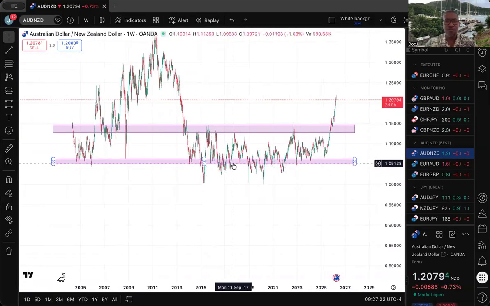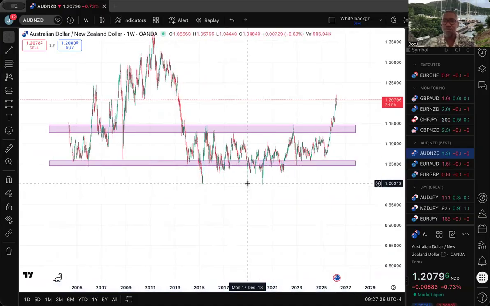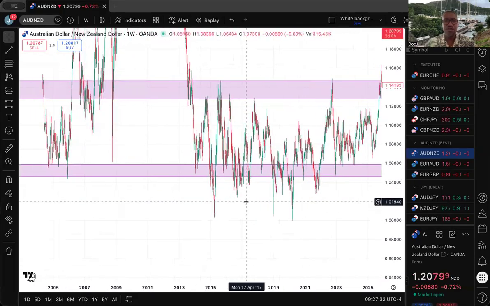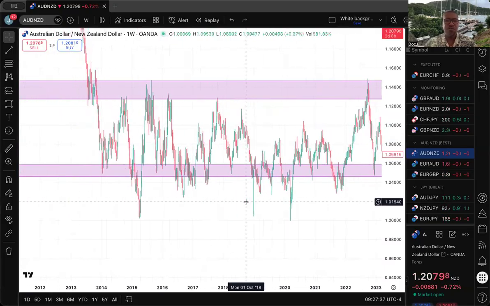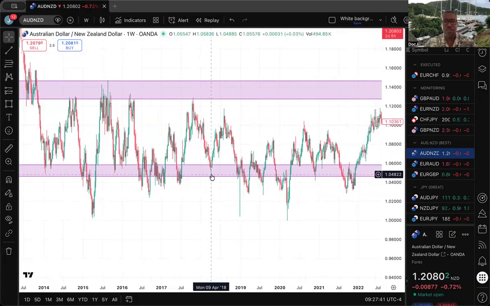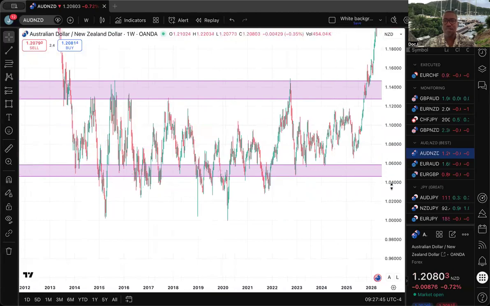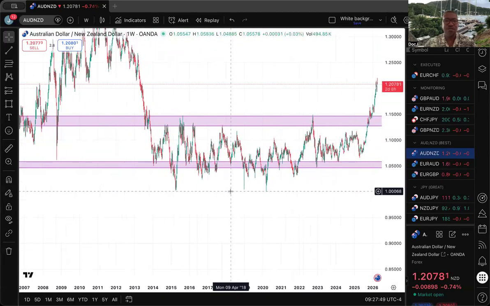No, it doesn't have to be perfect, but you want it to encompass the rejections. You want it to encompass not just the wicks that are formed, but you want some of the body of the candle to also be taken up by that area of interest.